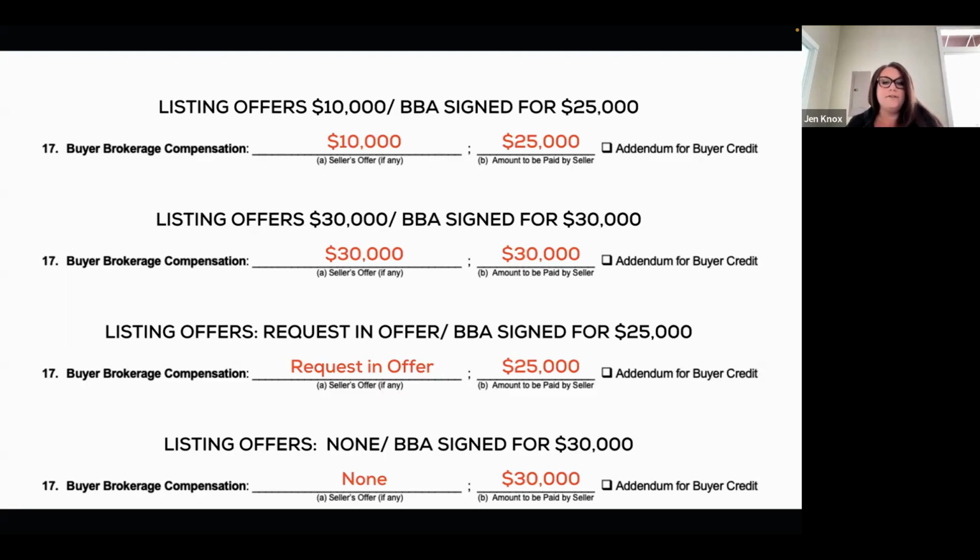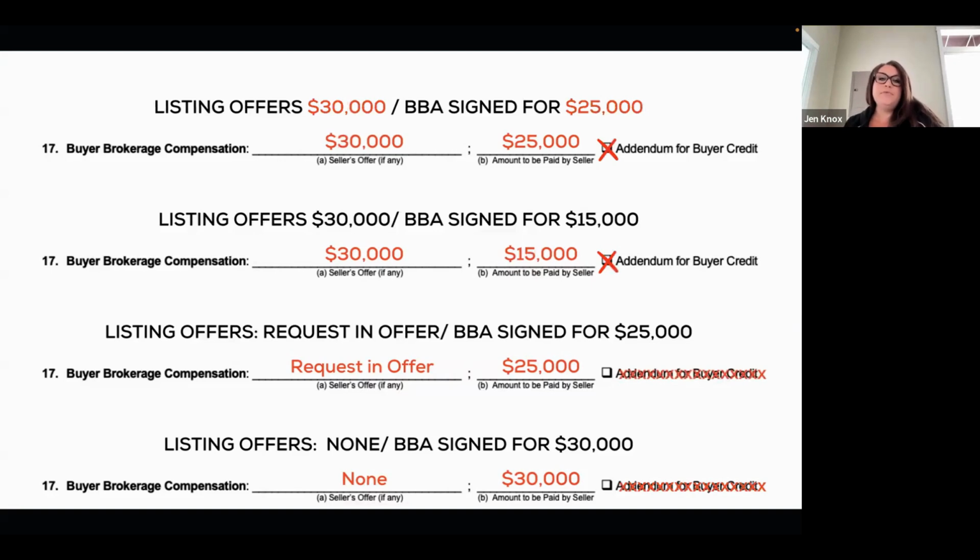If the listing offers no compensation, it will show up as none. And if you have a buyer agreement signed for $30,000, you can ask the seller to pay the $30,000 by writing it in 17B. Now, none of these have the addendum for buyer credit, meaning all of that compensation being asked to be paid for is going to go to the agent, not the buyer.